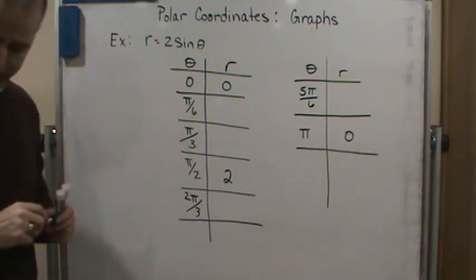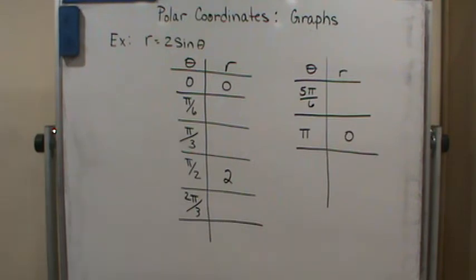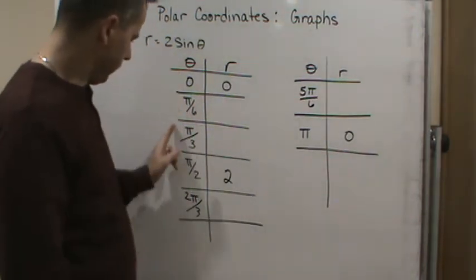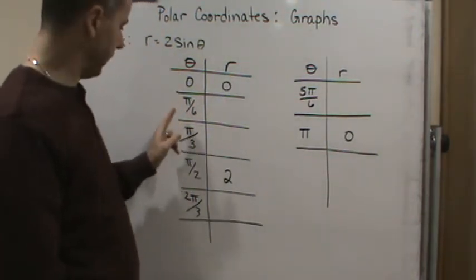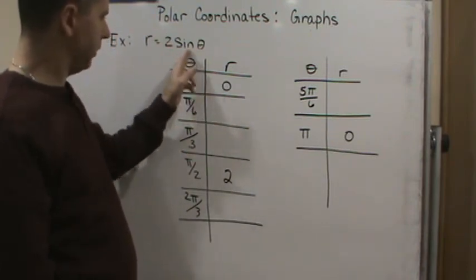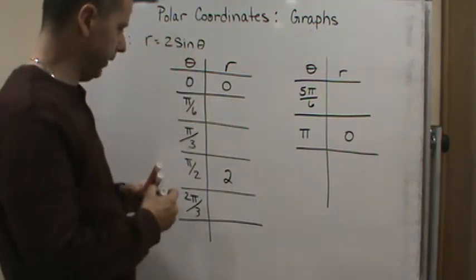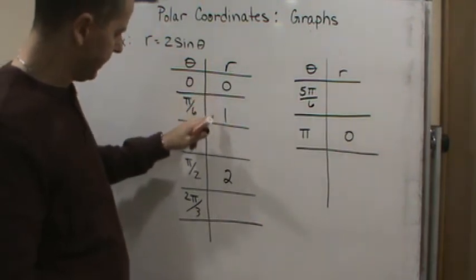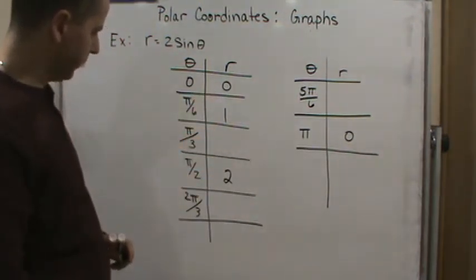And so what happens at pi over 6? Well, this is where we plug this into our calculator. Now, the thing is we could use what we know about the sine function, right? So sine of pi over 6 is 1/2. So 2 times 1/2 is 1. So this gives us a value of 1. Now we see that the radius is now increasing, okay?